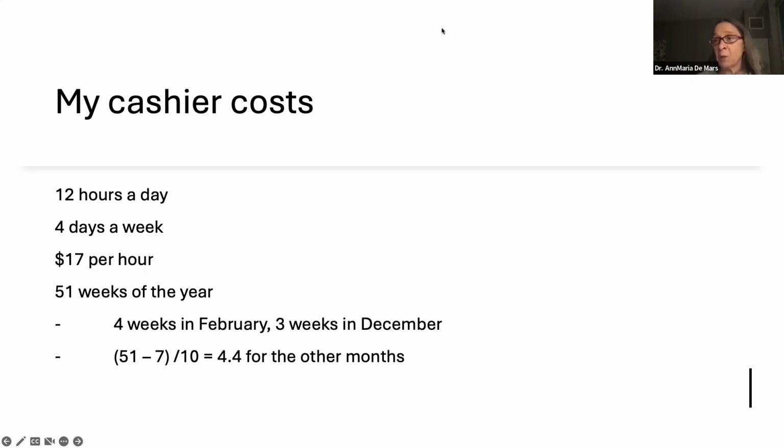So 12 hours a day of cashier time, 4 days a week, because if we have to be open on Friday, Saturday, or Sunday, College of the Desert is going to charge us. Besides, nobody's going to be there. We'd just have business from the local neighborhood, but there's no classes, there's no staff. So 12 hours a day, 4 days a week.